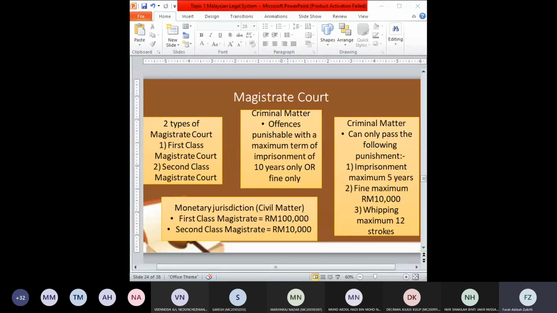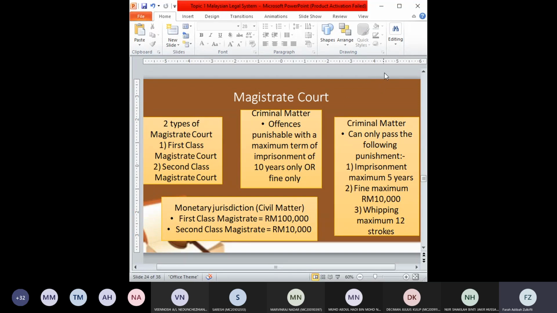For example, if you are suing for 75,000 ringgit, so you said that someone has defamed you, someone has said something that affects your reputation, and you want to claim for defamation. Defamation is saman malu. If the amount that you claim is less than 100,000, the case will be heard in magistrate court. But if you claim more than 100,000, maybe you claim a defamation suit up to 1 million, for example, the case will be heard in a different court. Depends on how much you are claiming for.